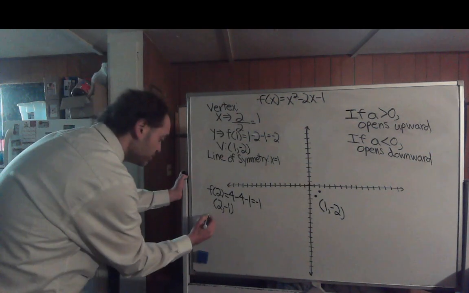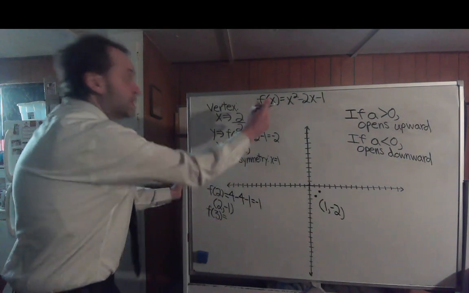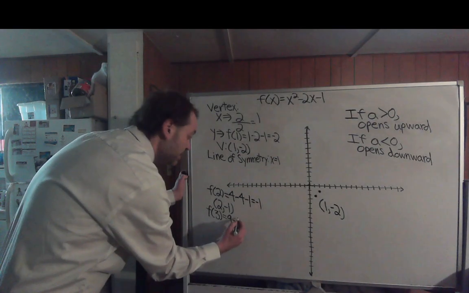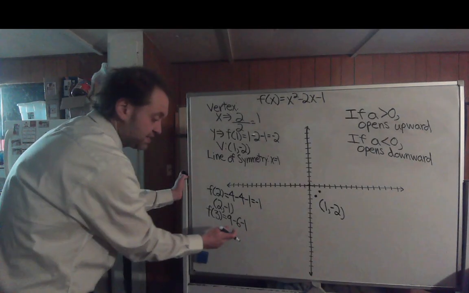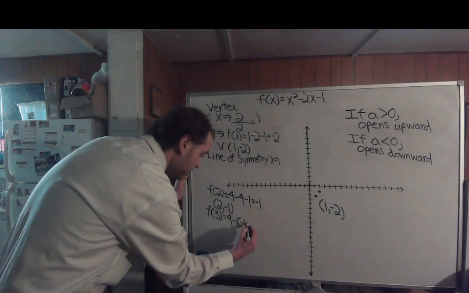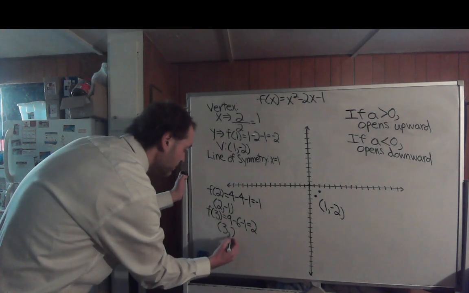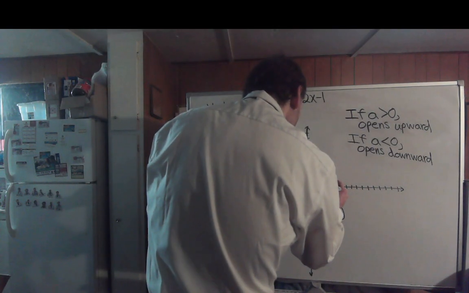Why don't we also put in f of 3? So 3 squared is 9, minus 2 times 3, which is 6, minus 1. Well, 9 minus 6 is 3, minus 1 is 2. So you'll end up getting the point 3, 2. So 3, 2 would go right here.